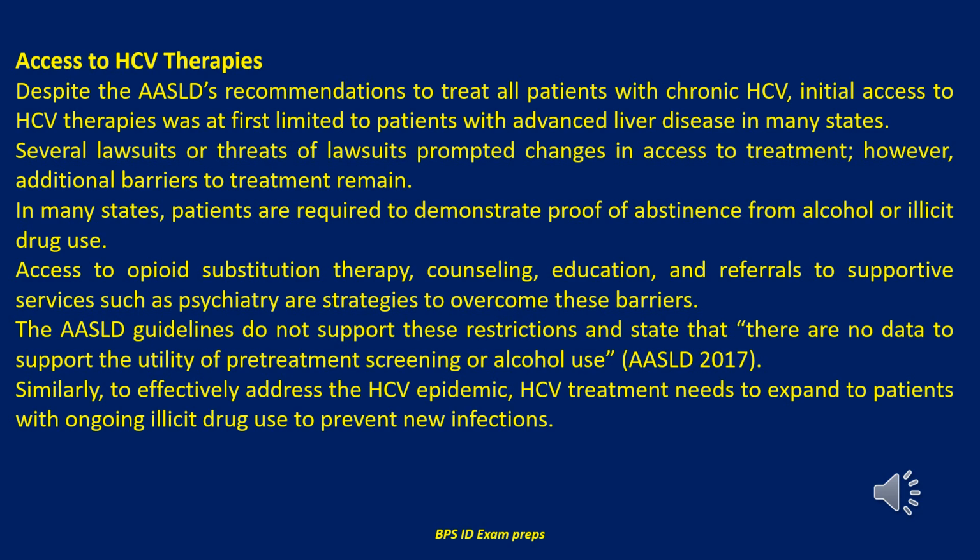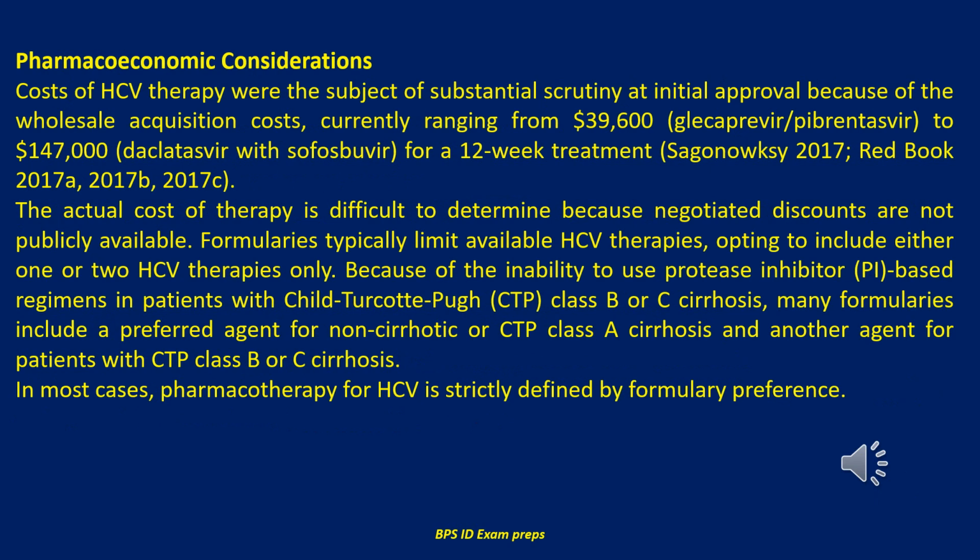The AASLD guidelines do not support these restrictions and state that there are no data to support the utility of pre-treatment screening for alcohol use, according to AASLD 2017. Similarly, to effectively address the HCV epidemic, HCV treatment needs to expand to patients with ongoing illicit drug use to prevent new infections.